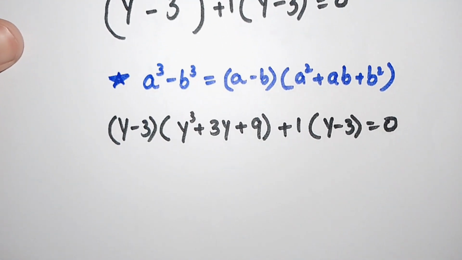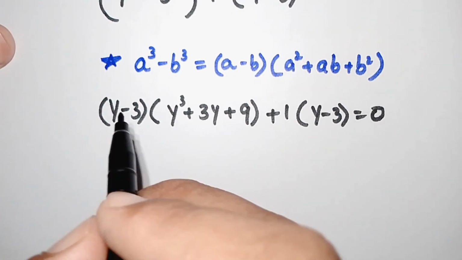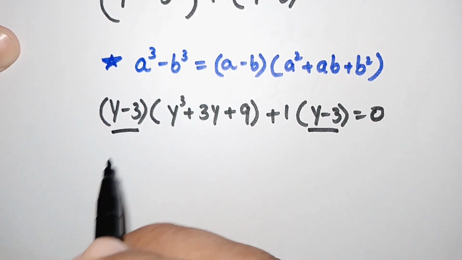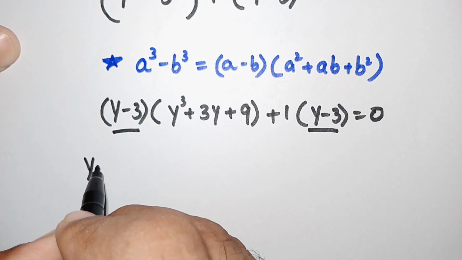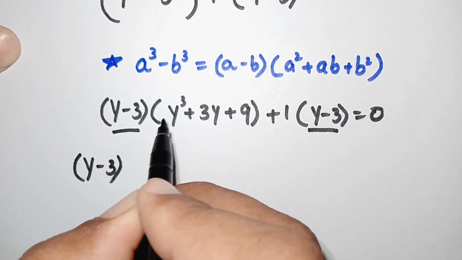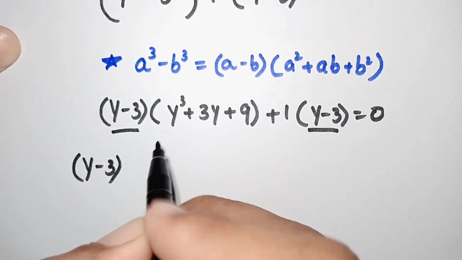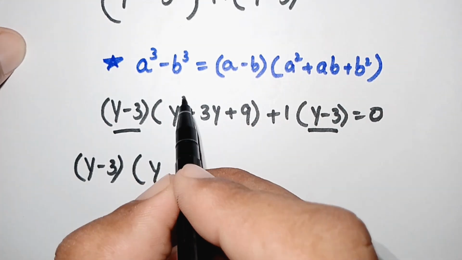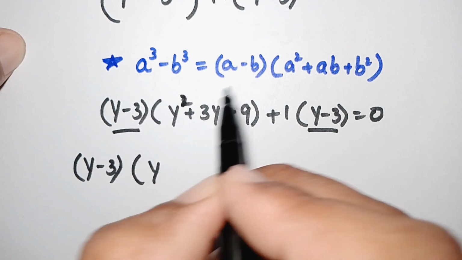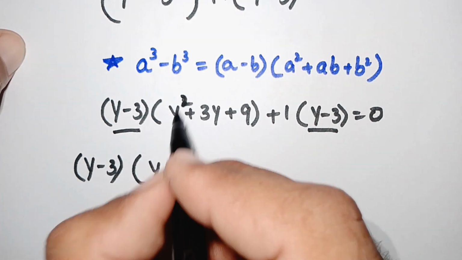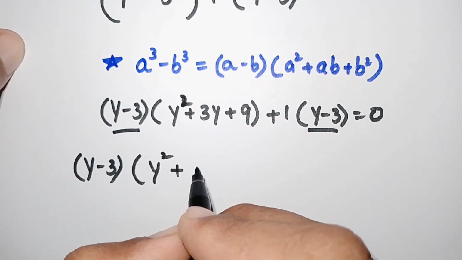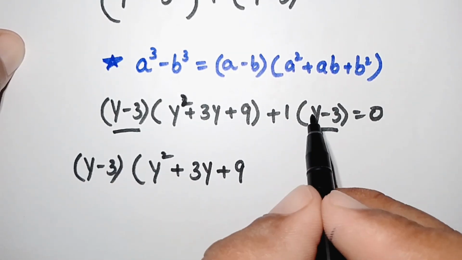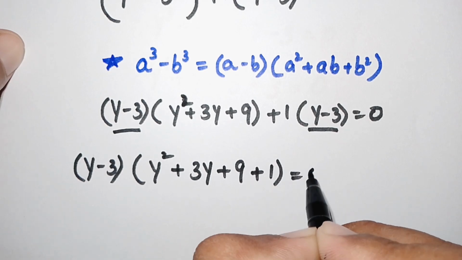Now, to solve this, we have to take y minus 3 common. So here y minus 3 and y minus 3 are common, so we take y minus 3 as common. Dividing by y minus 3, this leaves y square, sorry, according to this formula, y square plus 3y plus 9, and also dividing the other term leaves plus 1, which is equal to 0.